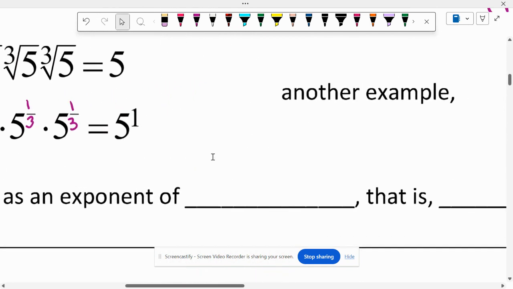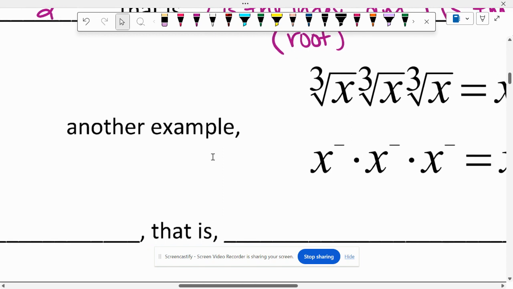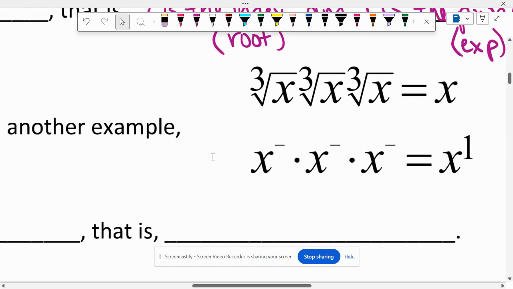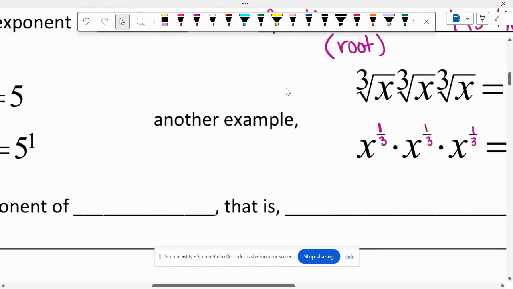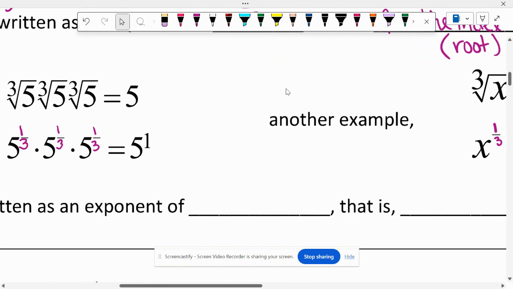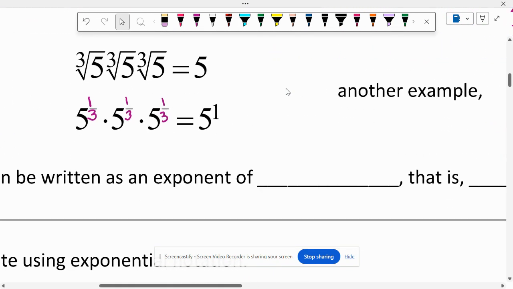Another example would be the cube root of x times the cube root of x times the cube root of x, which is the same thing as x to the 1/3 times x to the 1/3 times x to the 1/3. So let's talk about what that means. Well, it says, hey, guess what? A cube root can be written as an exponent of 1/3.